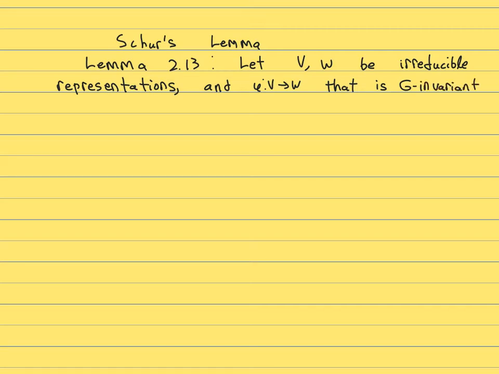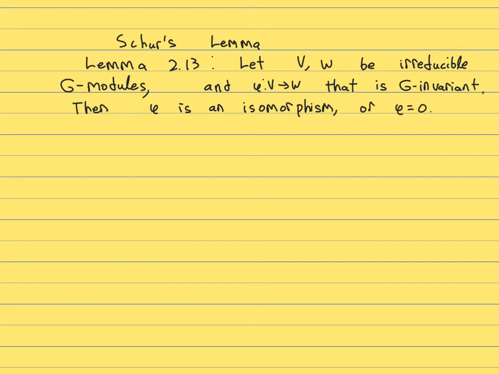Oh, by representations I mean G modules, right? Then either phi is an isomorphism, which means these are isomorphic G modules, which means it's a bijection, or phi is the zero map.